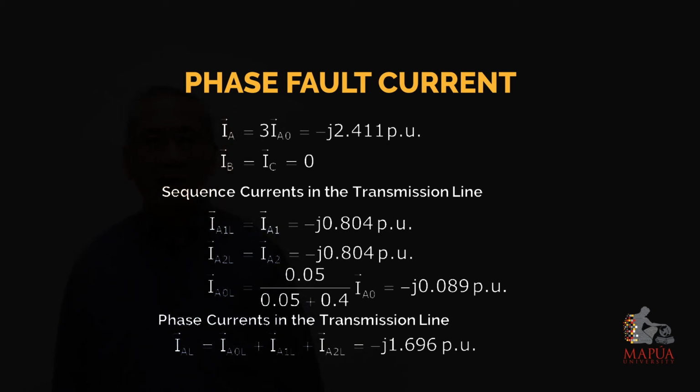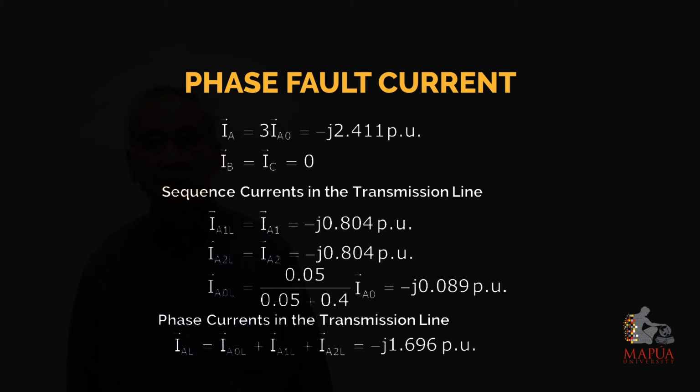But for Ia0L, that is equal to Ia0 multiplied by the quantity j0.05 over 0.05 plus 0.4. Using the current divider principle, that is equal to negative j0.089 per unit.